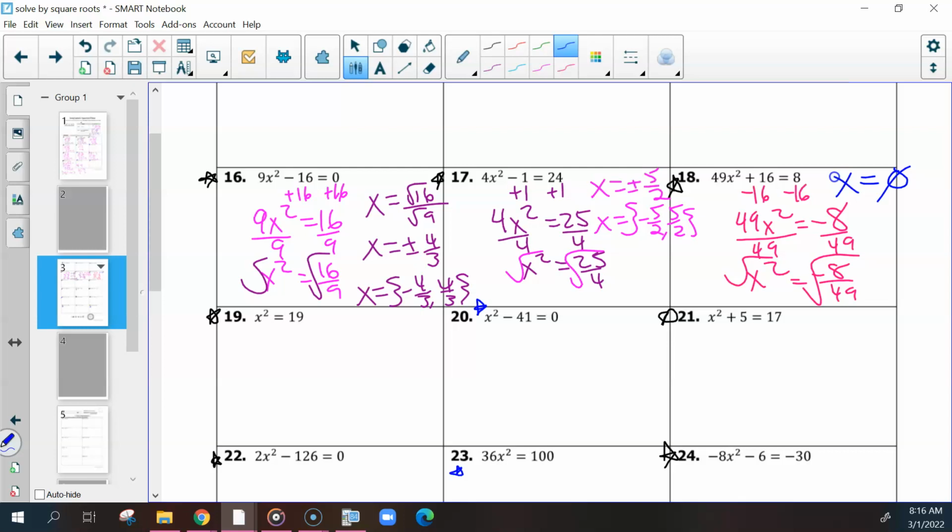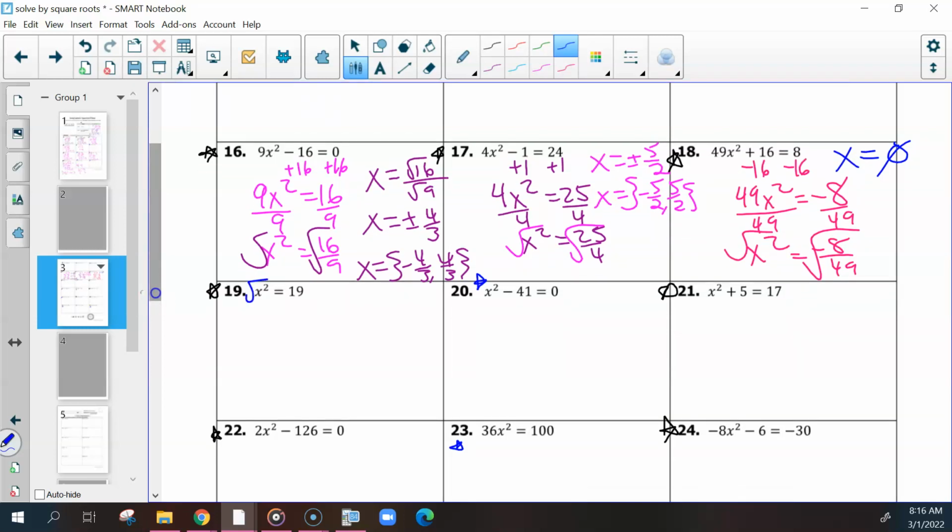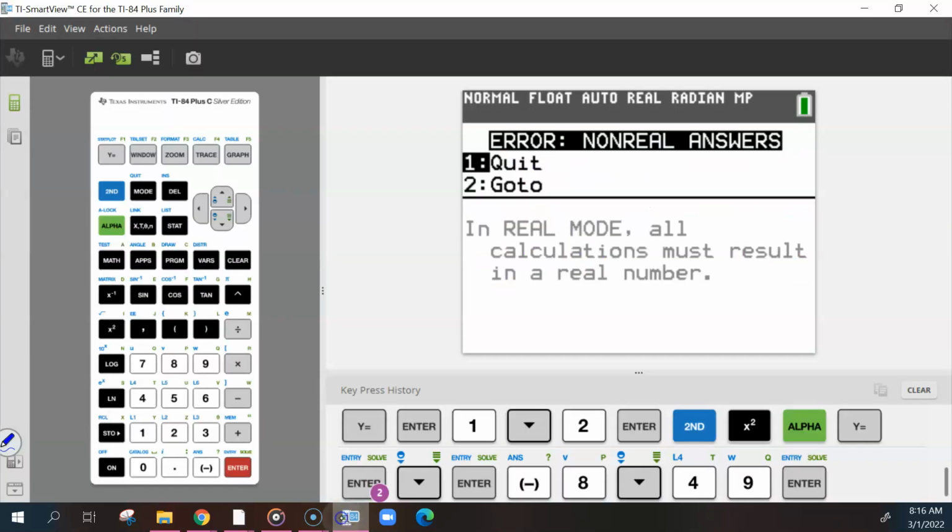Now, all the problems we've done so far have had perfect square roots to get us whole numbers or whole number fractions with the perfect square roots. Now we're going to deal with what happens if we don't have a perfect square. So for 19, this is already isolated, so we would just need to take the square root. 19 is not a perfect square, so when we do this, we're going to get a decimal.